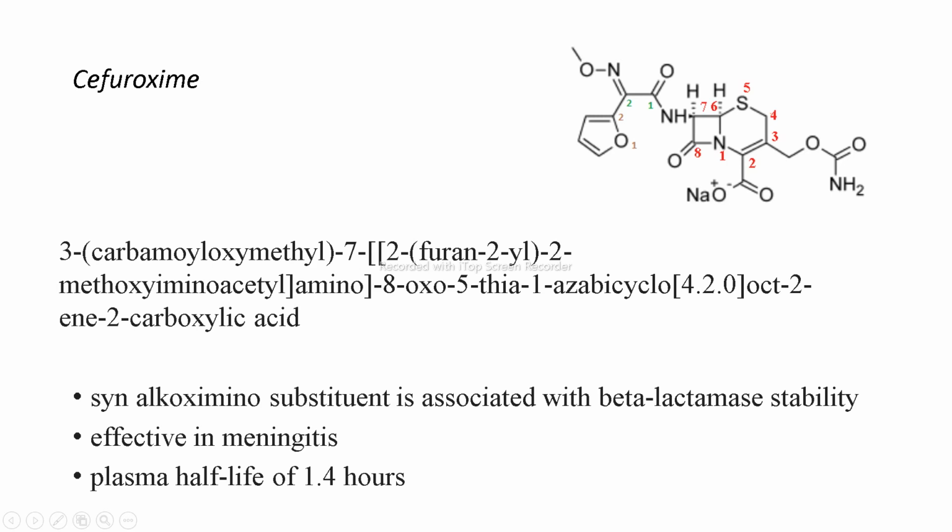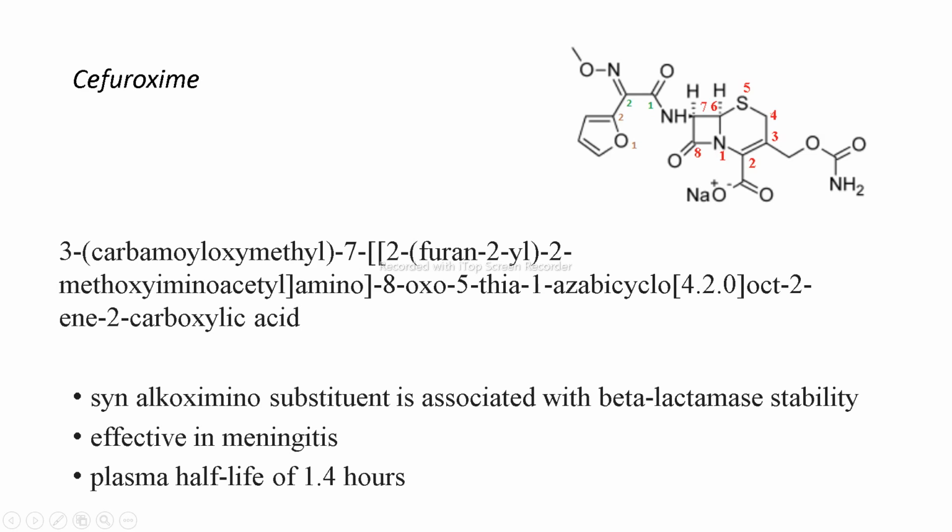After 2-yl, again 2 dash, because again we have to nominate this group. This group is present at the second position. So again 2 dash, methoxyimino. Then this group is acetyl, CH3CO. Then amino.